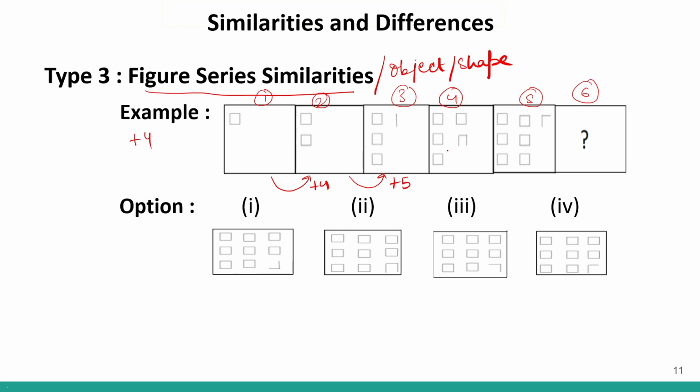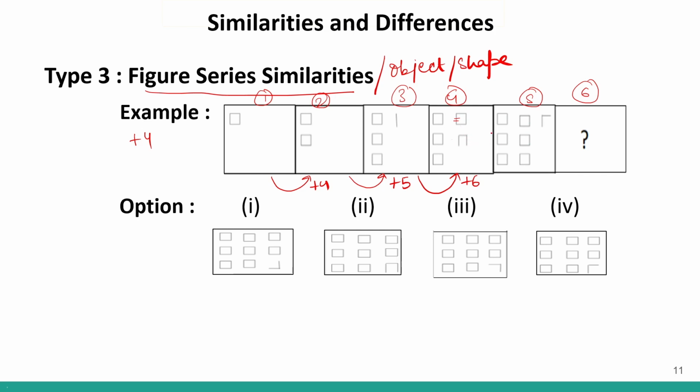Correct? Now, here let's check. So this, up till this side, it was already drawn. Now, how many sides have we added? We have added 1, 2, 3, 4, 5, 6. So we have added from this figure to this figure, 6 sides. Right? This side was already there. Then we added 1, 2, 3, 4, 5, 6 sides.